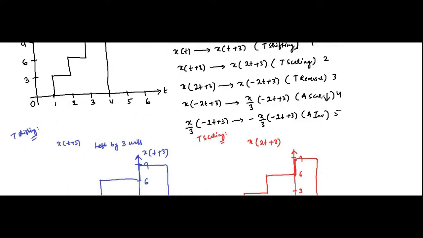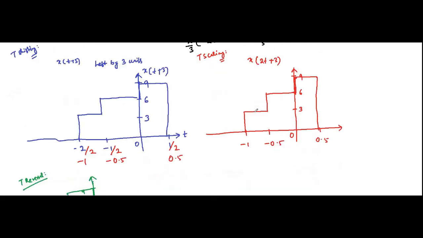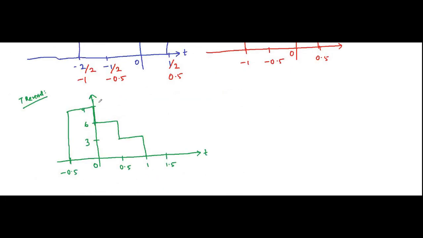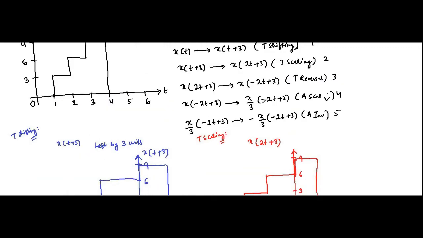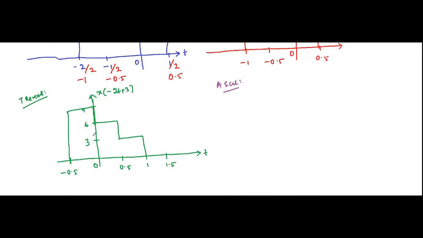Now we have to perform amplitude scaling, a scale down operation. Here we'll divide each of these amplitude points by 3. This is the time reversed signal, x(-2t+3). Now we have to perform amplitude scaling, so we'll divide each of these points by 3, 1 by 3, x(-2t+3). That will give us the new amplitude.